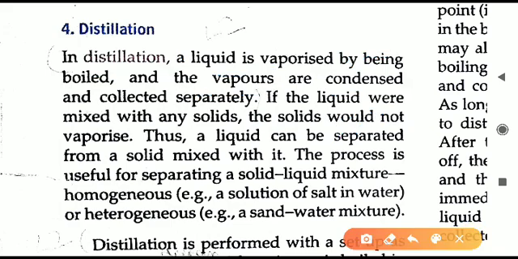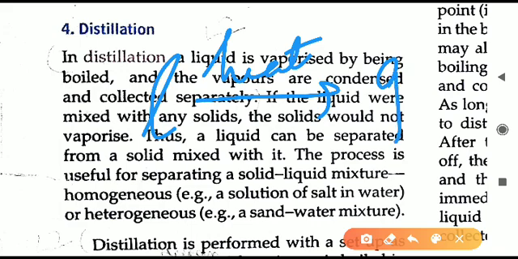First we are taking a liquid, we are heating it. On heating, the liquid will change into gas, or we can say vapors. That same vapors or gas is again cooled down. On cooling, the gas will again become liquid. For example, we have taken impure water. Impure water, when we are heating, what will happen? It will become water vapor, and that same water vapor again we are cooling.